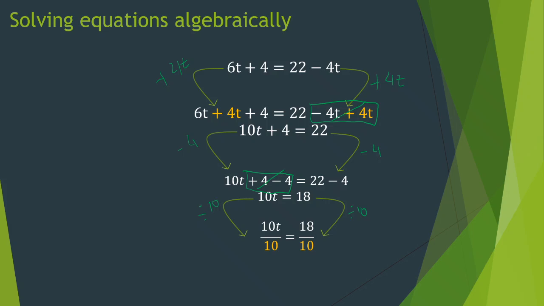And of course these cancel out, which means we're left with, we can't really simplify this fraction to a whole number, t equals 18 over 10. And if you really wanted to show off, you could say that this is also equal to 9 over 5.